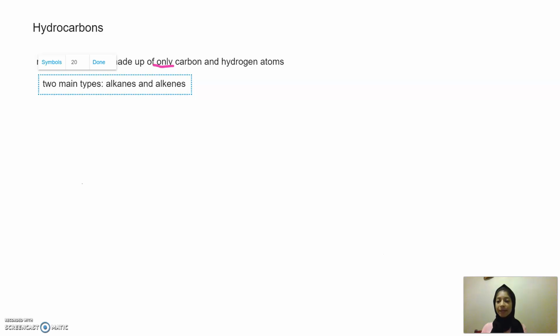Now, there's one big difference between an alkane and an alkene. And when I draw both of them out in a second, I'm hoping you can spot that big difference. So let's draw our alkane. I'm going to be using a carbon chain that's made out of 3 carbons for each example, just so you can compare them a bit more easily.